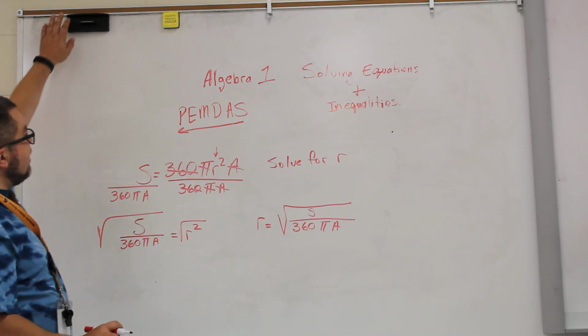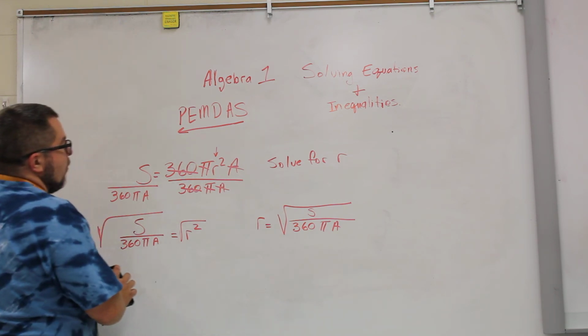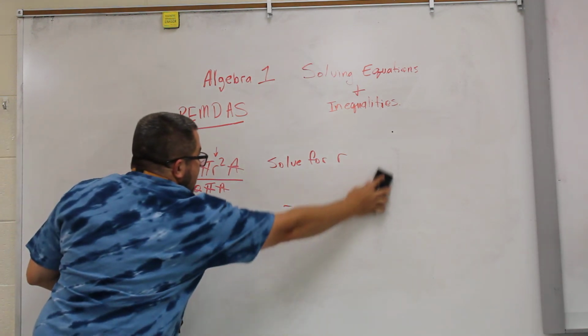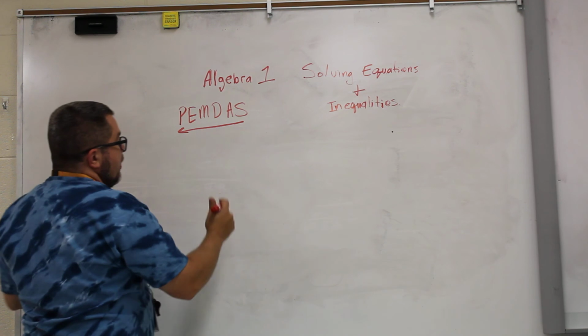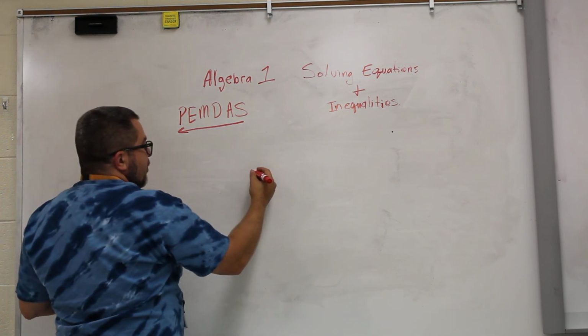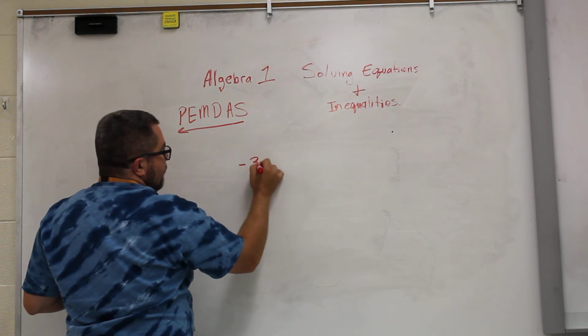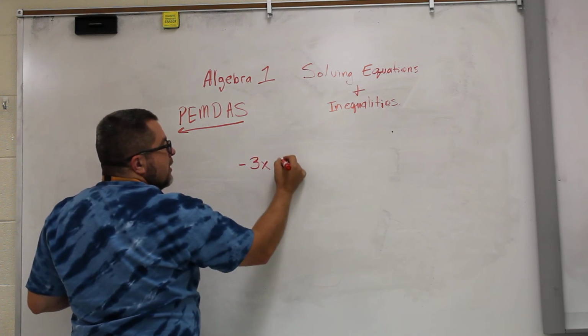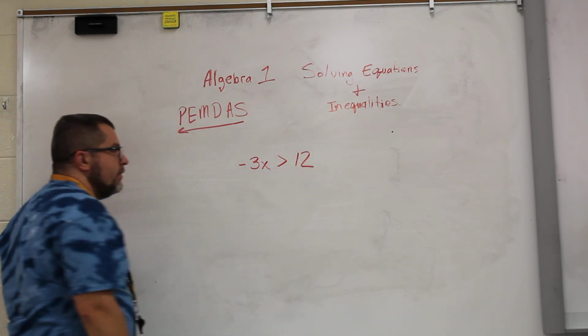Now the only thing that's really different when we start talking about inequalities is if we have a negative coefficient. So say we had negative 3x is greater than 12.